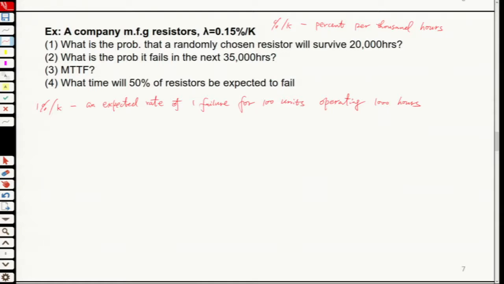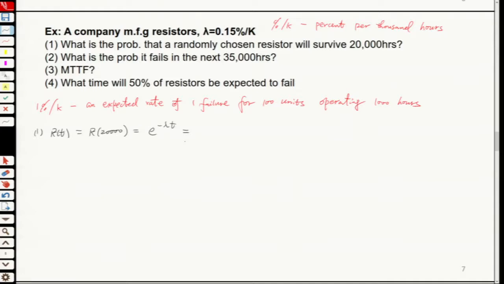R(t) for t equals 20,000 equals exponential minus lambda t, but our lambda is 0.15% per K. So percent is 10 power minus 2.